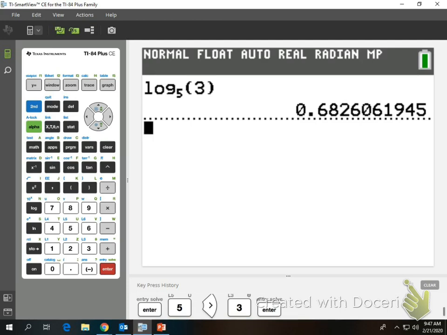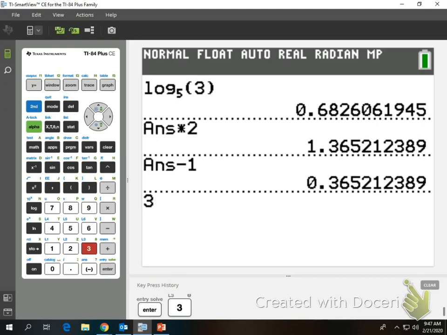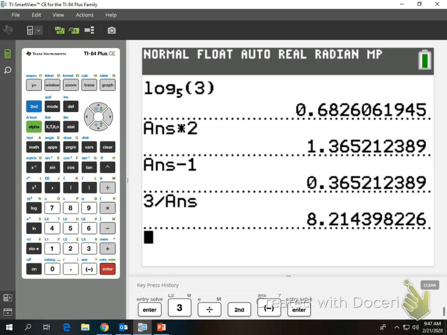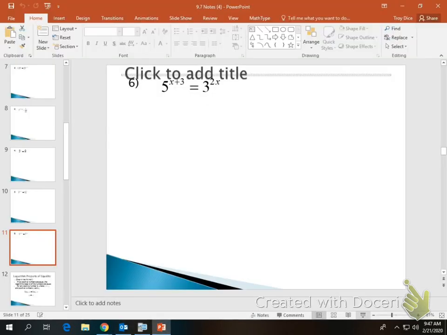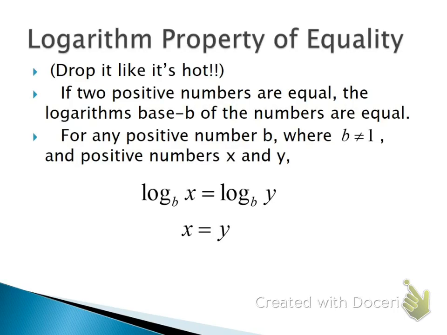You multiplied it by 2. Then what? Subtracted 1. And then you went 3 divided by, follow my cursor, the previous answer to get that. Don't type it in. Recall it. Okay? Make sure we're clear on that. You good?